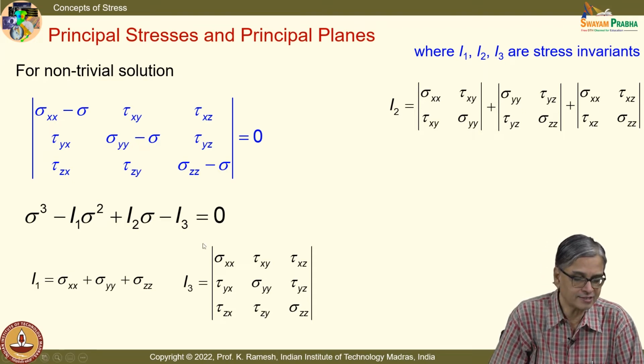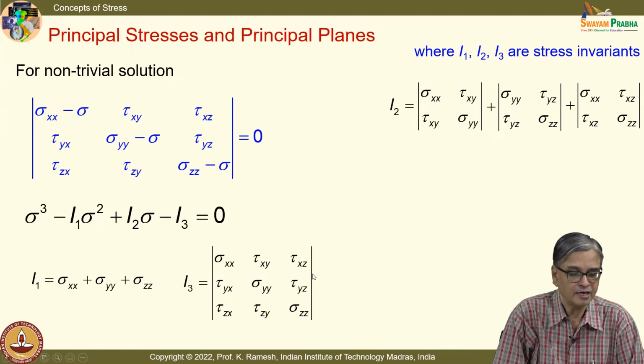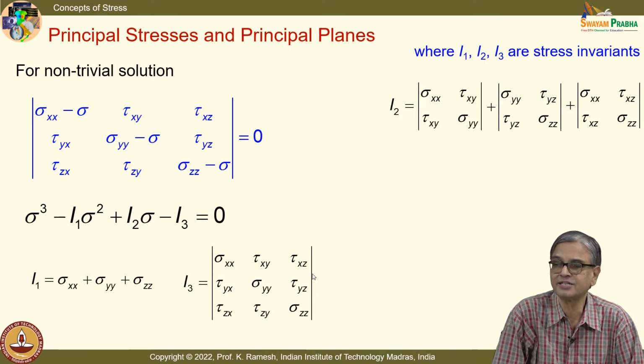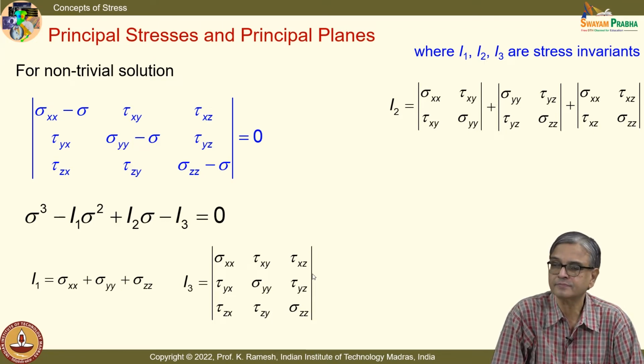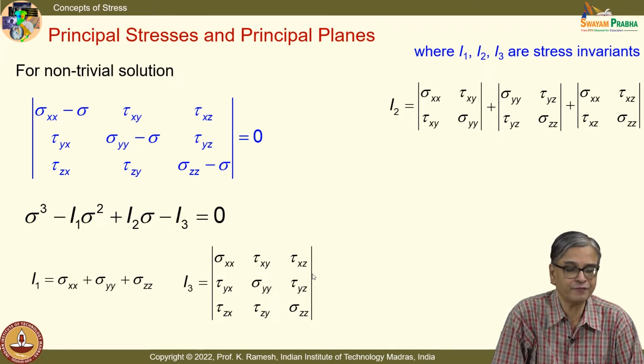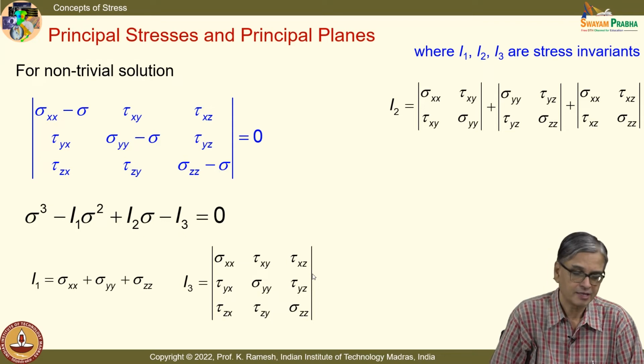So, I3 is the determinant of this matrix. I will read it out: sigma xx, tau xy, tau xz; tau yx, sigma yy, tau yz; tau zx, tau zy, sigma zz. So, the idea is, if you find out these, you can write this expression comfortably, and let us see the expression in the long hand.